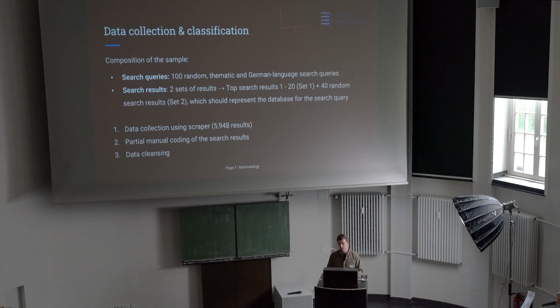One set is the top search results from place 1 to 20, and the second set is 40 random search results, set number 2, which should represent the database for the search query.